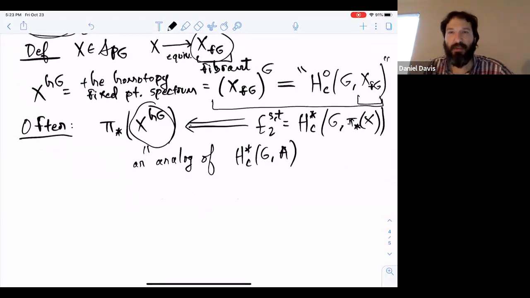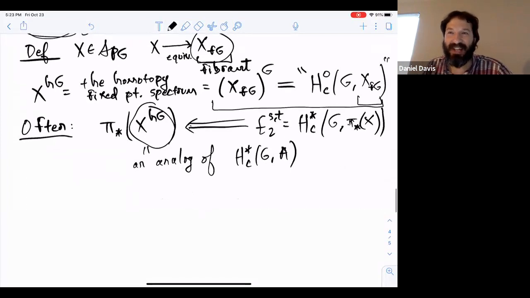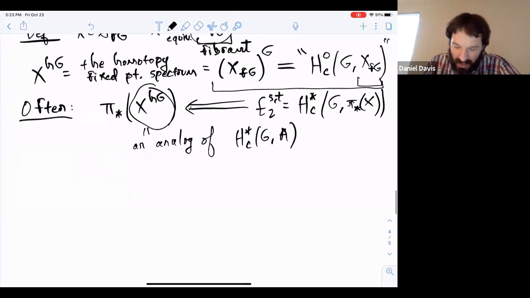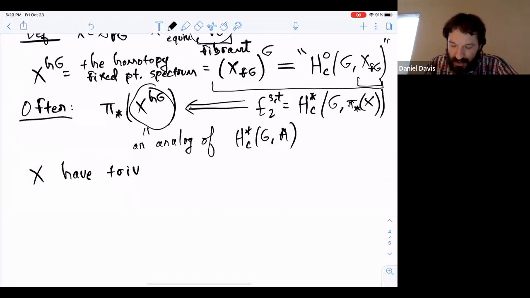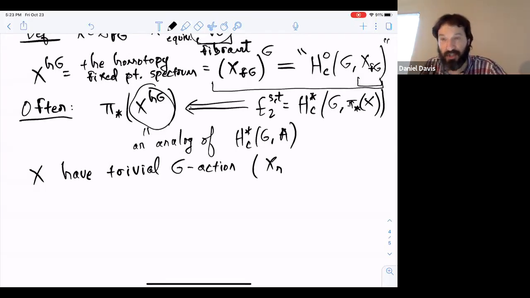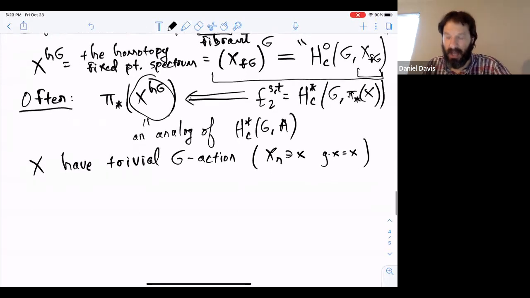Okay, so I have a few minutes left to state the real goal. Let's let X have trivial G action. Just to be clear, take any discrete G space X sub n, take an element X in that, and the assumption here is that the action of G on that element is just X, okay?